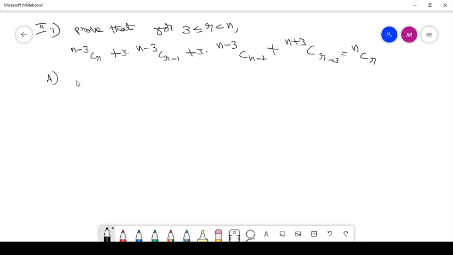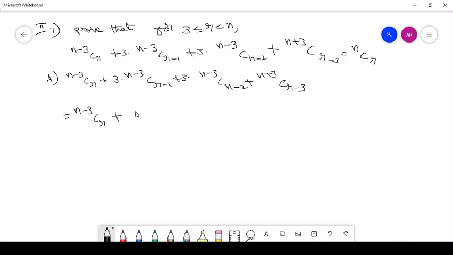First we have to take the LHS. LHS is (n minus 3)Cr plus 3 into (n minus 3)C(r minus 1) plus 3 into (n minus 3)C(r minus 2) plus (n minus 3)C(r minus 3). This is the LHS. (n minus 3)Cr, okay, plus 3 into (n minus 3)C(r minus 1). These two terms we are splitting into two values. 3 can be written as 1 plus 2.